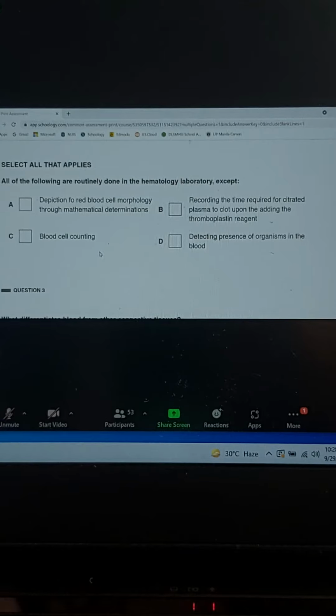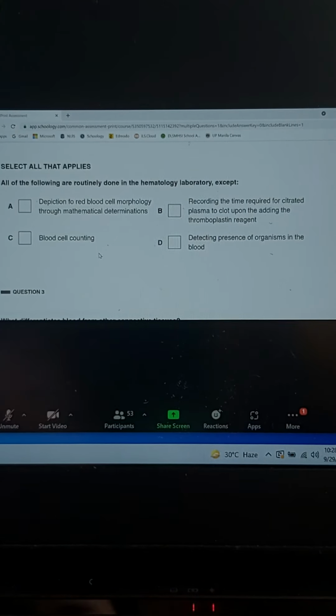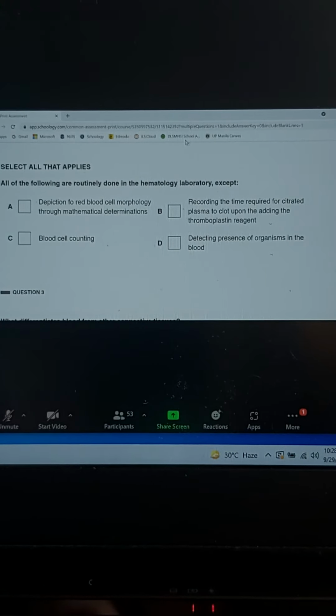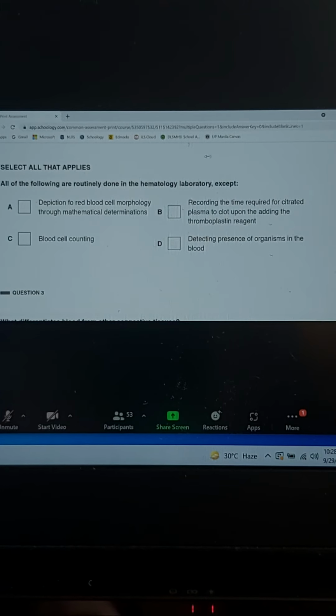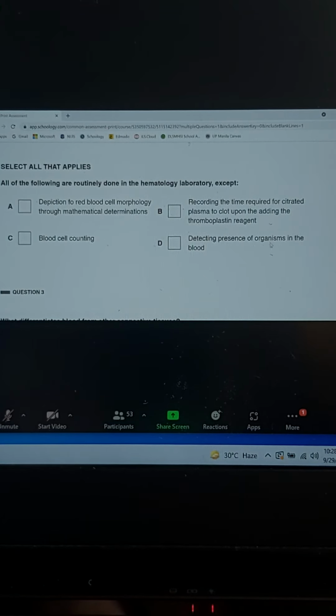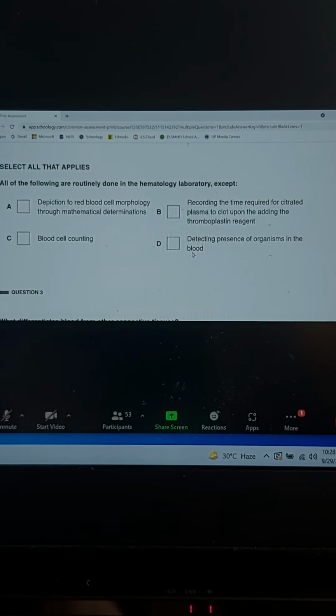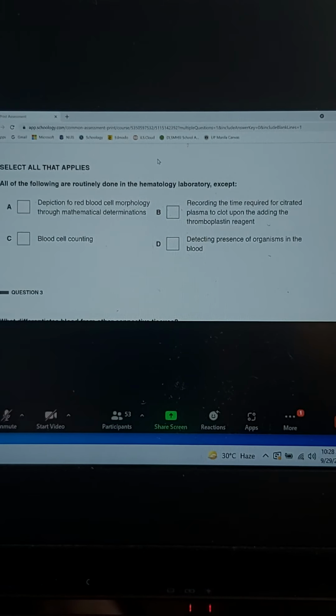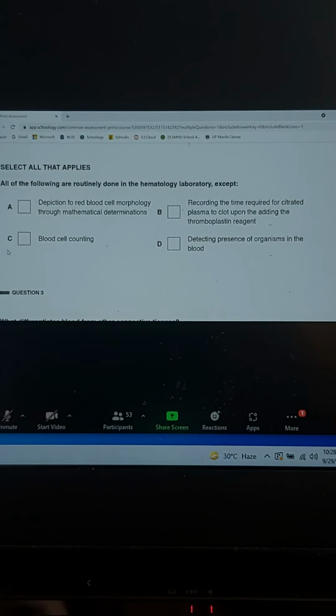Mag-unmute lang, hindi ko kasi kayo nakikita. Dito. Okay, so the correct answer is letter D. Okay? Kasi detecting presence of organisms in the blood is of course ginagawa natin to sa microbiology laboratory. So letter A, letter B, and letter C are all done in the hematology lab.